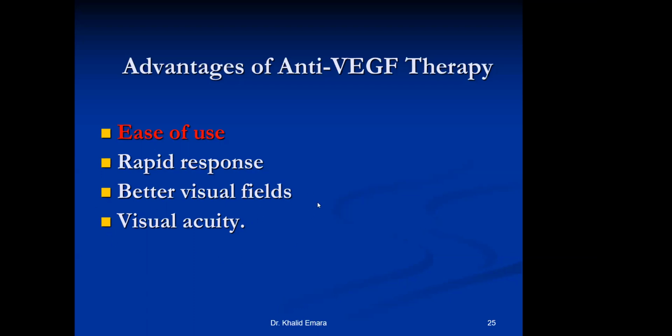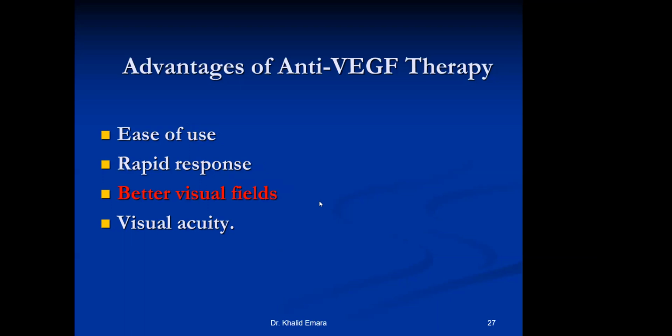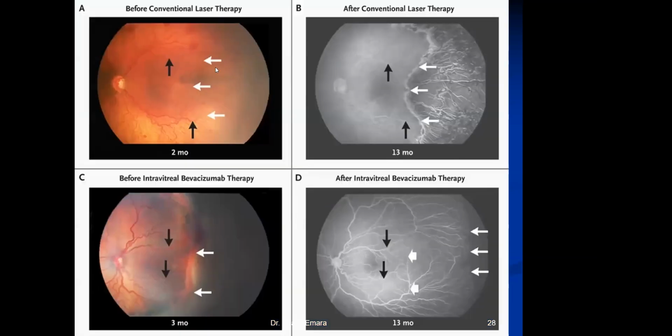And here there is one study about this. See here, this patient on the upper left is a pre-threshold or type 1 ROP. The patient received laser treatment. Here, these arrows are the edge of laser therapy.